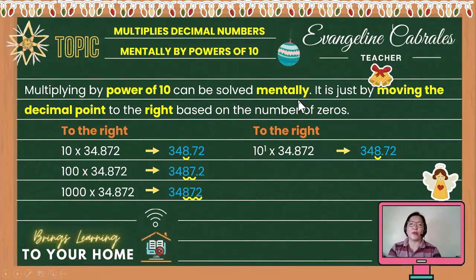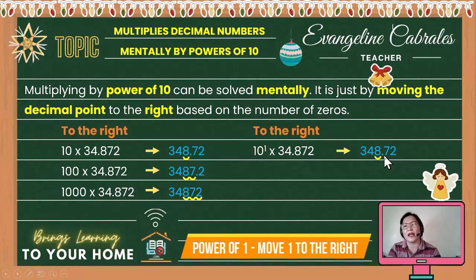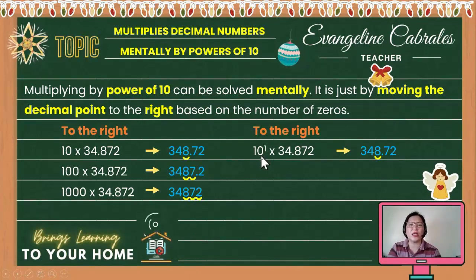Okay? So, kapag minultiply mo yung 10 to the power of 1 times 34 and 872 thousandths, ang sagot ay 348 and 72 hundredths dahil isa ang 0, isang beses iniusod sa kanan, kaya napapunta sa pagitan ng 8 and 7. Ang 100 kapag isinulat gamit ang exponent ay magiging, tama, 10 to the power of 2.